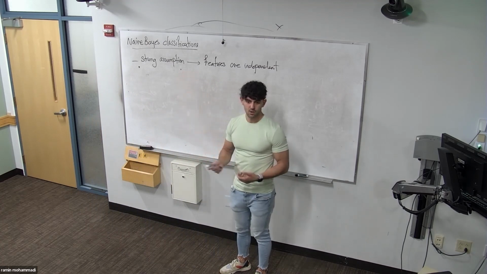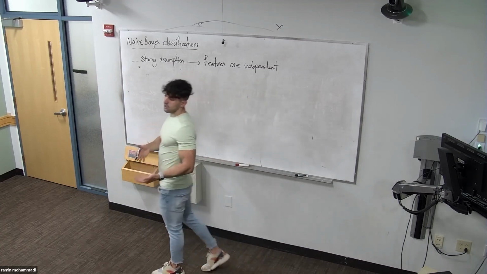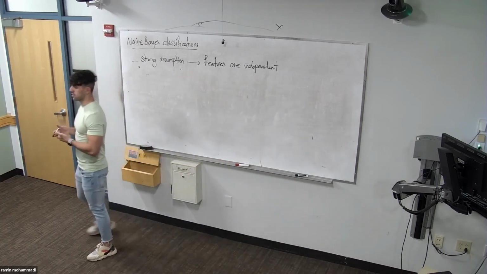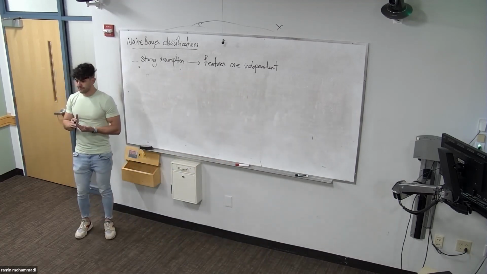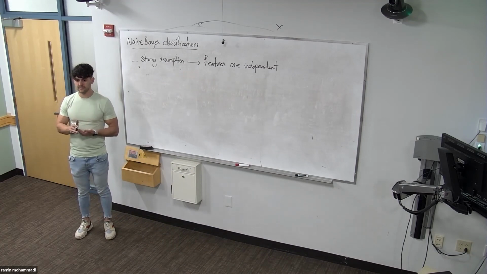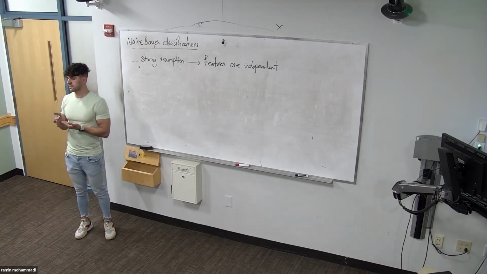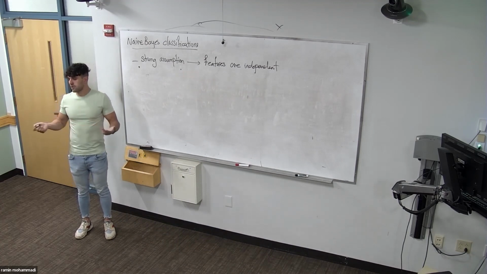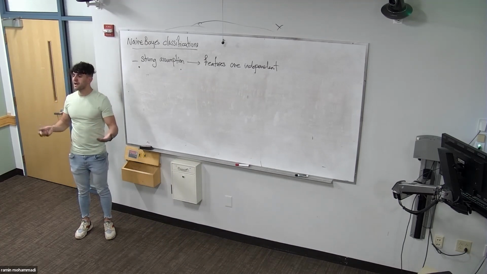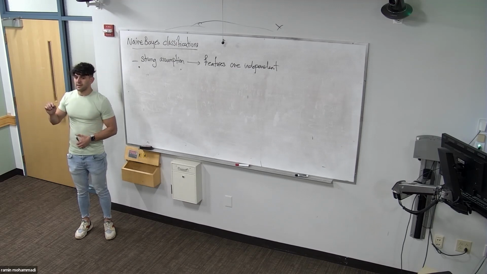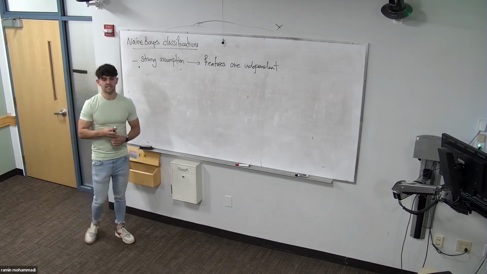No, because you already know the document's class. So in a lot of text classification, as long as you can make the assumption that the words are independent of each other, you can use naive-Bayes, because in order to make the classification, it doesn't matter.